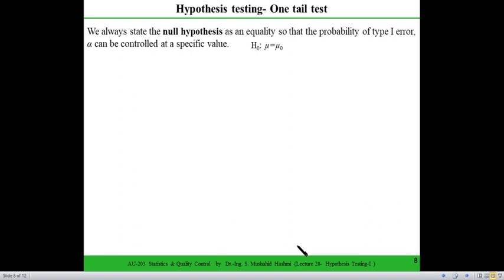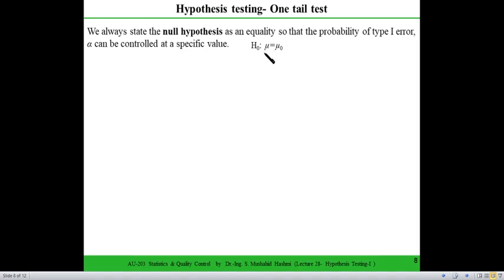Now, these null and alternative hypotheses. Whenever you are talking about the null hypothesis, you always represent it in the form of an equality. Equality means, let's say my null hypothesis is that the mean value is equal to some particular mean mu naught. It means the mean height or mean weight, or whatever the parameter of interest is, is some fixed value.